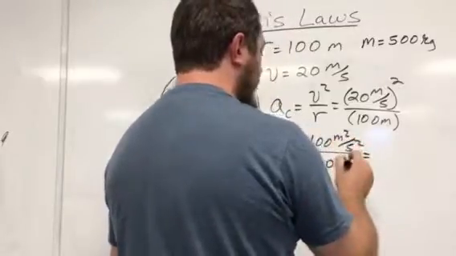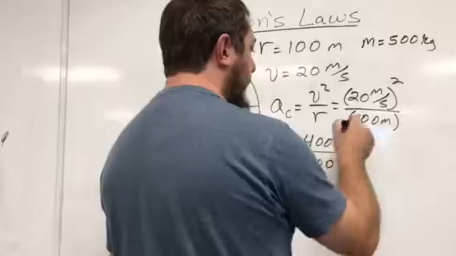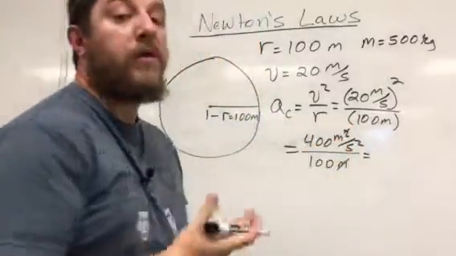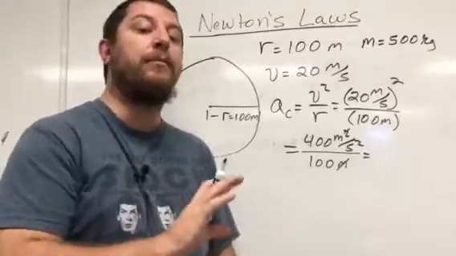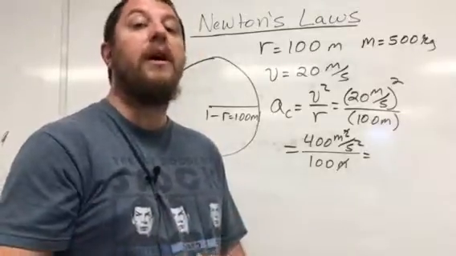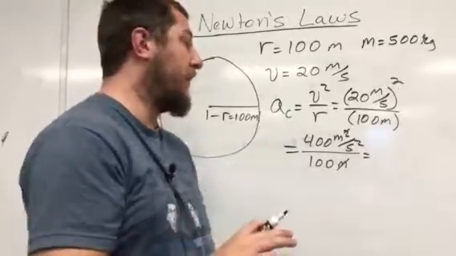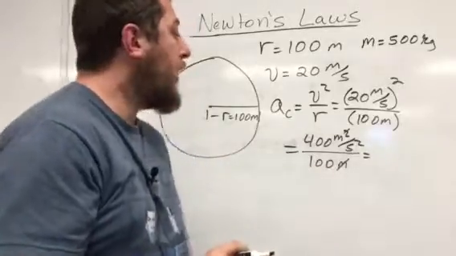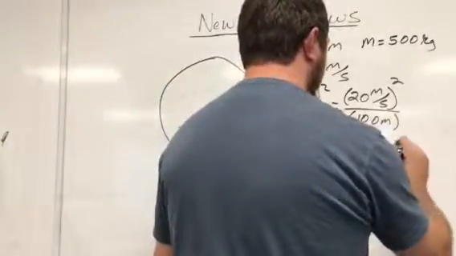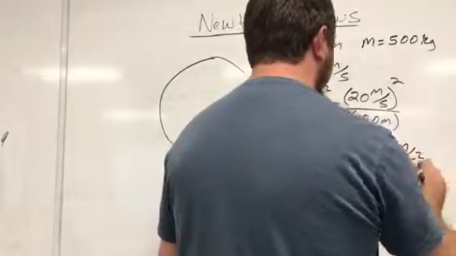And this gives us, my meters on the bottom cancel with one of my meters up top, which gives me meters per second squared, which are the units on acceleration. I didn't prove the units on centripetal acceleration earlier, to show that they were consistent with acceleration, but they are. And so 400 divided by 100 is just 4 meters per second squared.